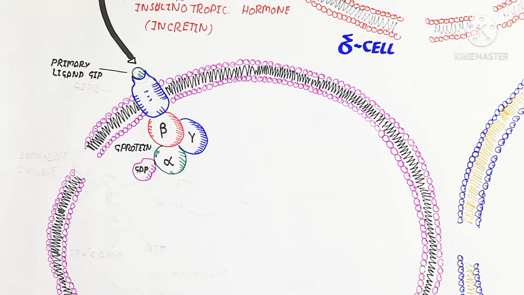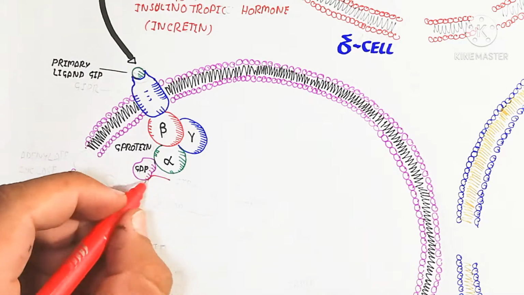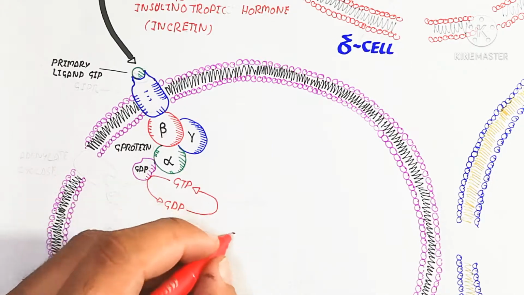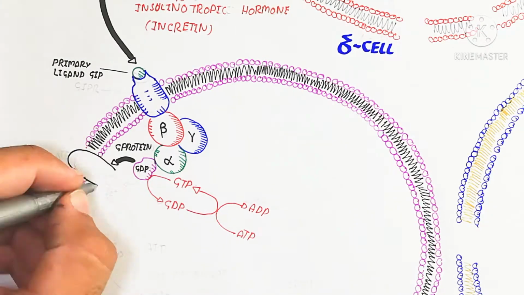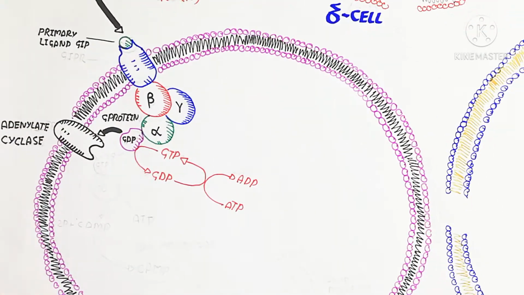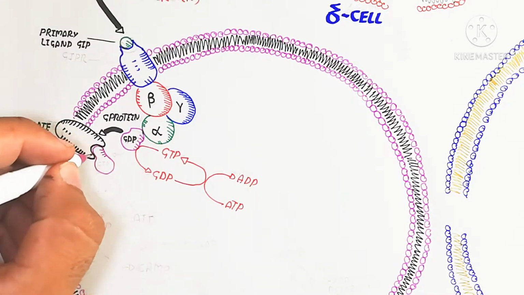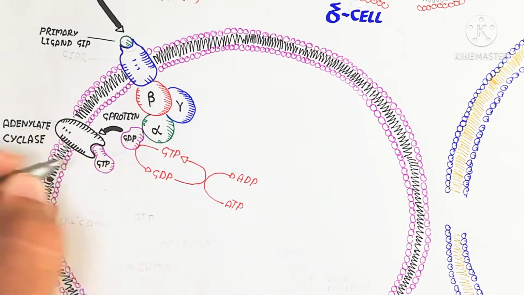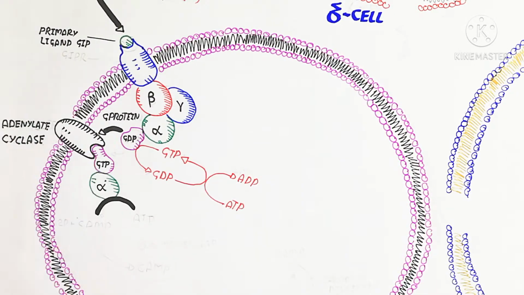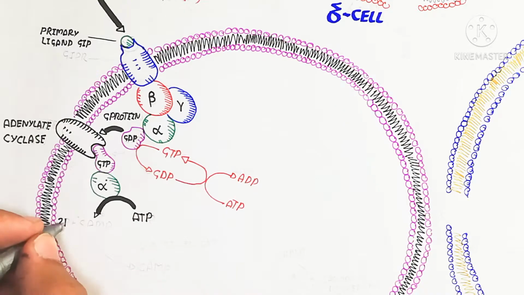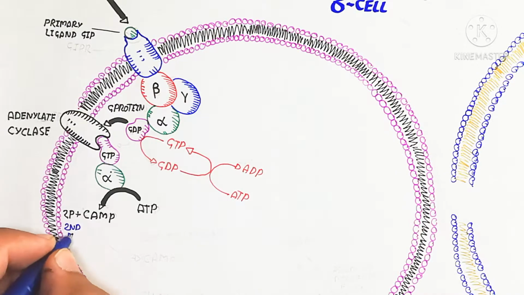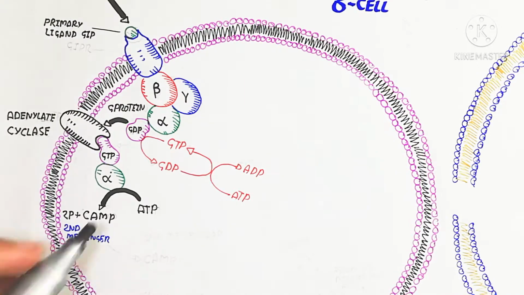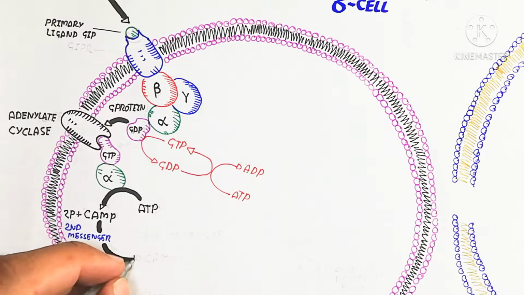Upon activation, GDP is exchanged for GTP, which releases the alpha subunit, and the GTP is produced from ATP. The adenylate cyclase enzyme is then activated by the binding of the GTP-bound alpha subunit after detachment, and it uses ATP, releasing two phosphate groups, to produce cyclic AMP.